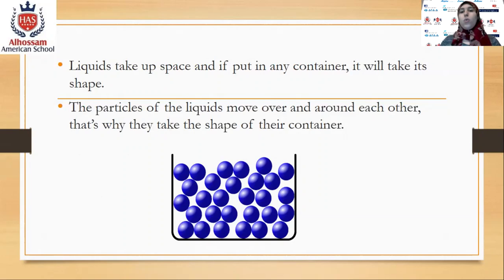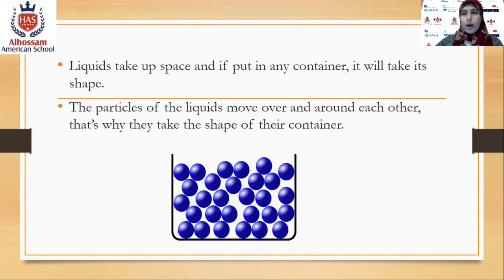So when I'm asking you, why does the liquid take the shape of the container? You remember when I gave you the example of the mobile phone? Will the mobile phone, or the pencil, change in shape when you take it out from your pencil case and put it on your desk? No, it will be the same shape.